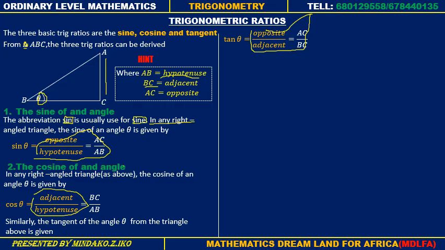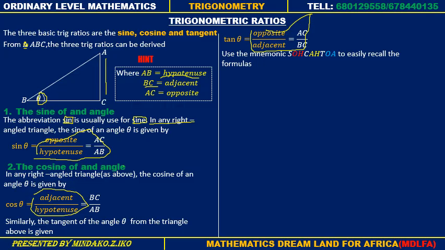Now, I have some mnemonic here that you can use to easily recall these formulas. This mnemonic is called SOHCAHTOA. Now, how is it useful? Let me explain, because actually it's not easy to cram all these things.